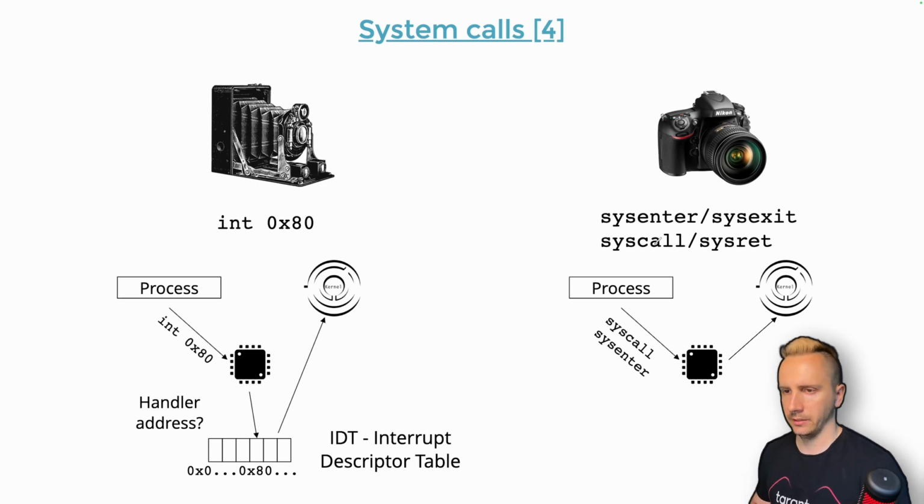So it's like a special interrupt which is moved out into a separate instruction, but otherwise the principle is the same. And the handler of this system call is just one register, not a whole array in main memory, but literally one register directly on the CPU, where the kernel will place the address of the syscall handler when the kernel itself gets started.